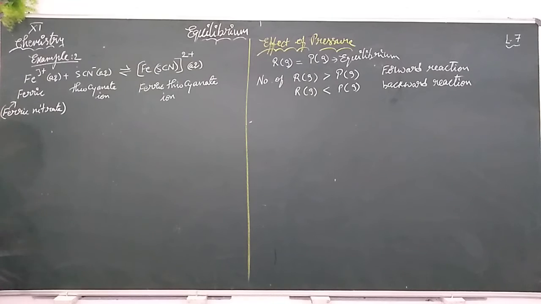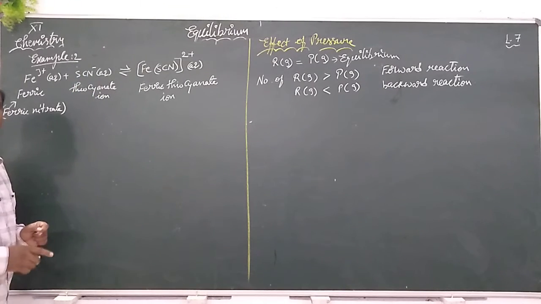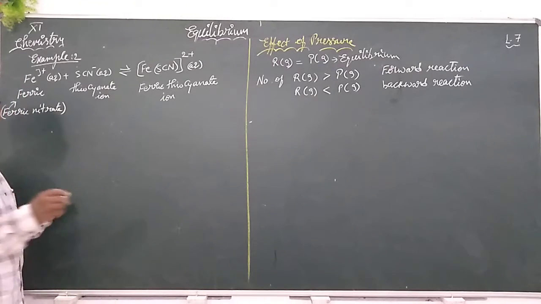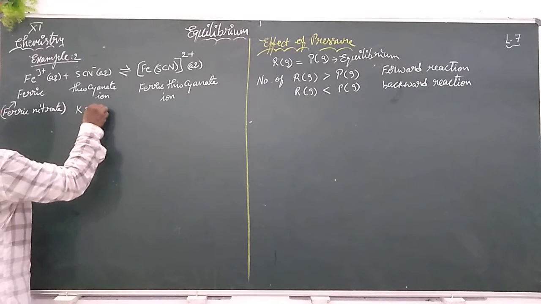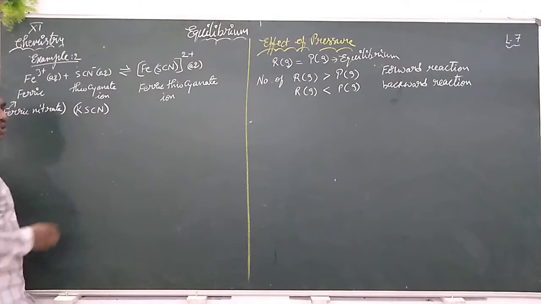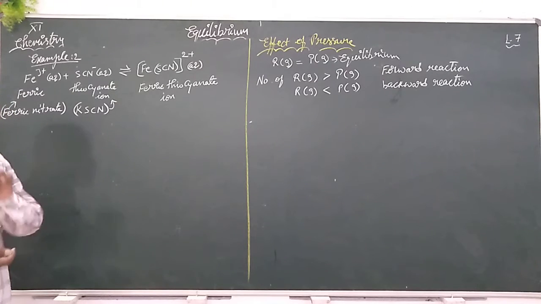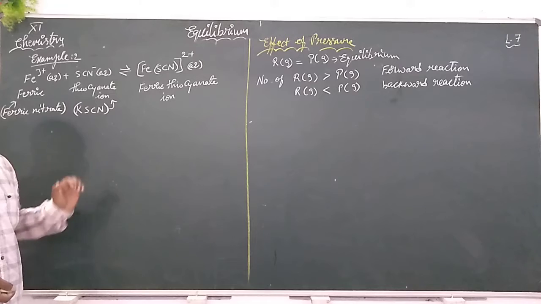The source is ferric nitrate. And SCN minus, thiocyanate ion. What is this one called, children? Thiocyanate ion. Actually it is taken from potassium thiocyanate. These are the sources. When they are dissolved in water, we get these ions: ferric ions and thiocyanate ions.